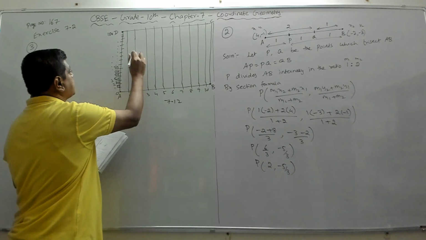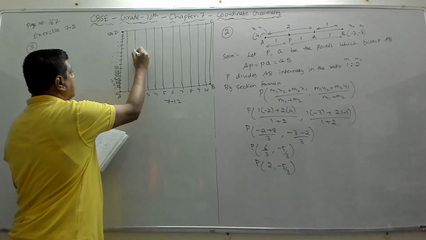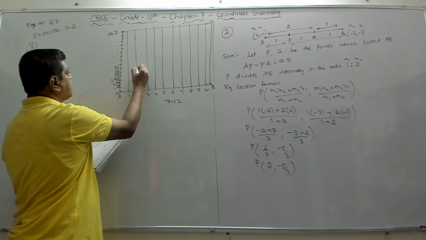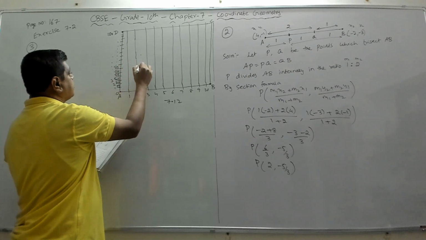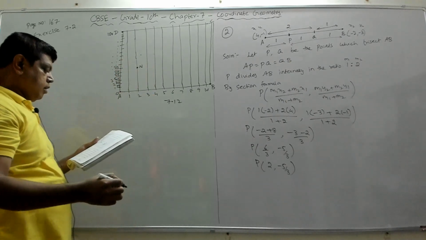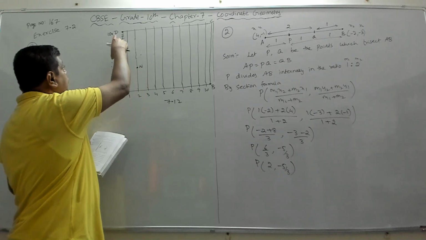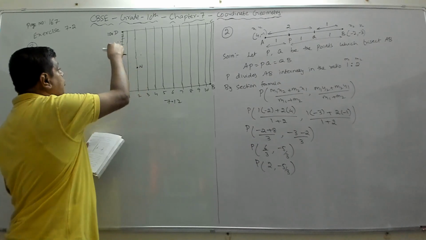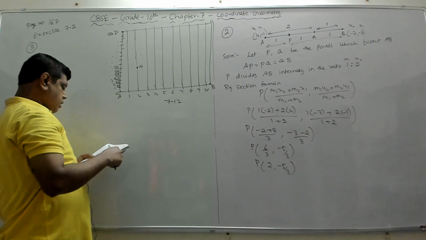Suppose this is N, 1/4 is somewhere here. She is running on the second lane at 1/4 of AD.